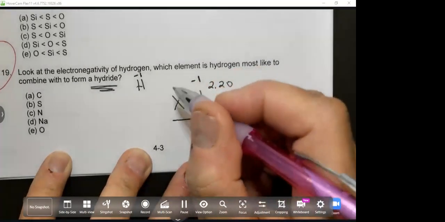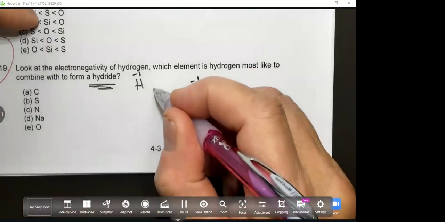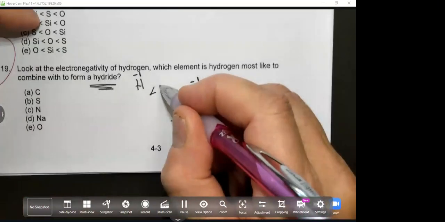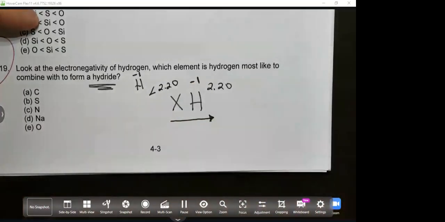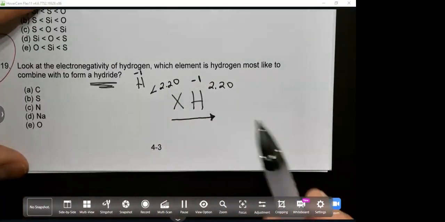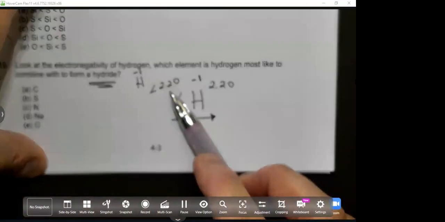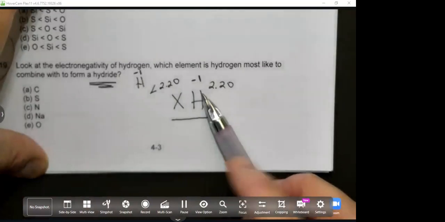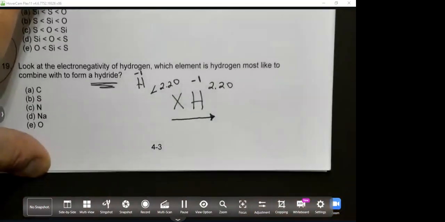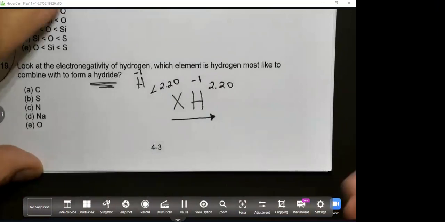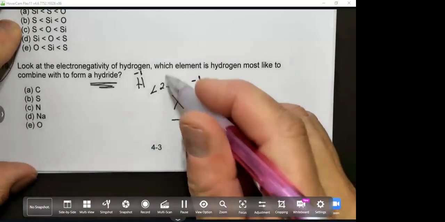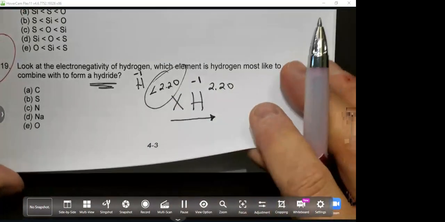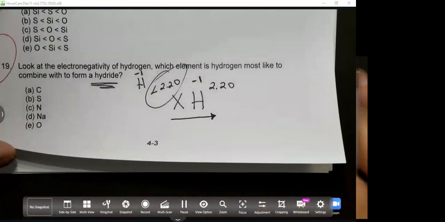So you're just looking at the electronegativity of this atom here, which has to be less than 2.20. Otherwise, if it's more than 2.20, it's going to get assigned the negative charge, and hydrogen will get assigned the positive charge. So you're just looking for something here that is less than 2.20.